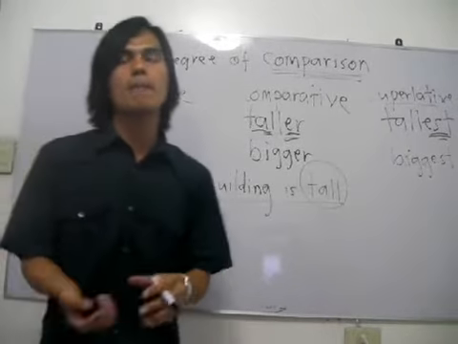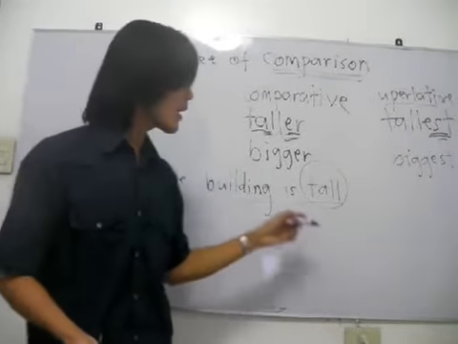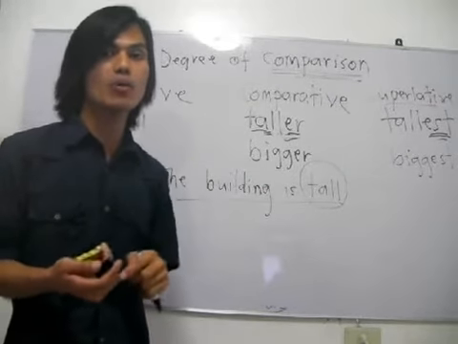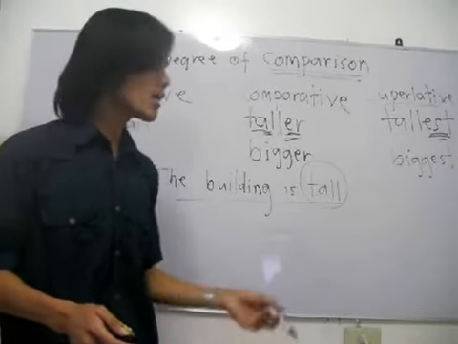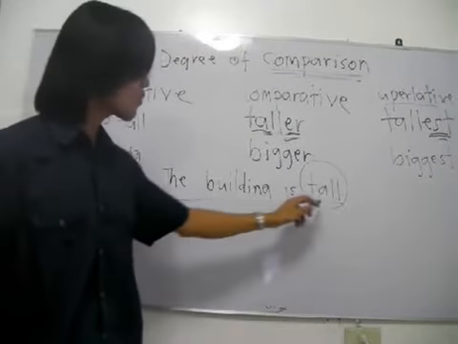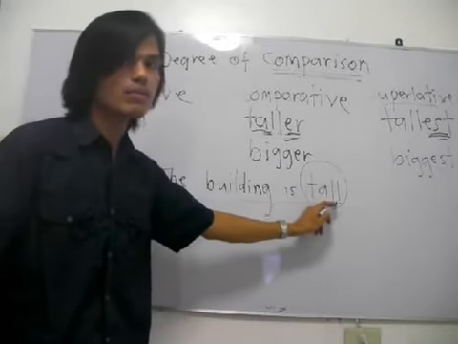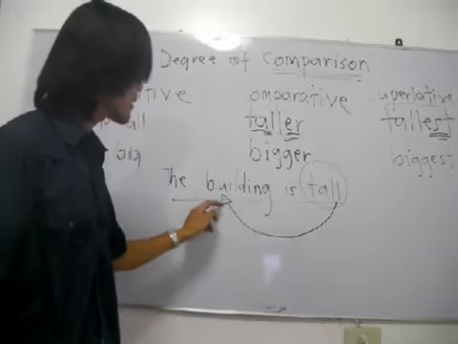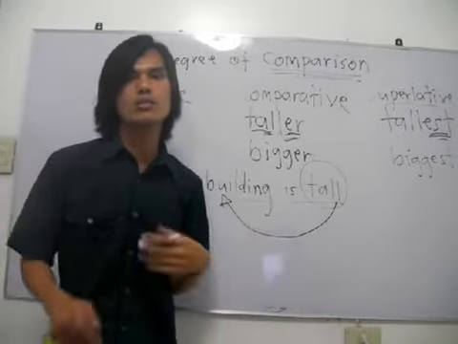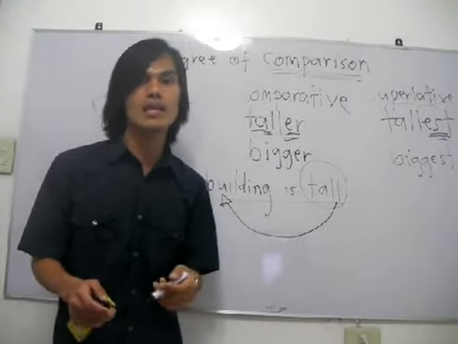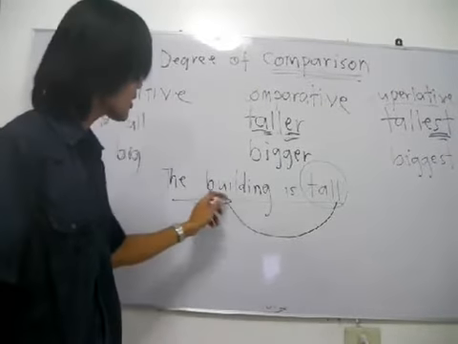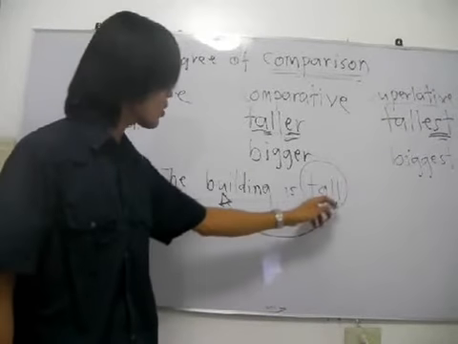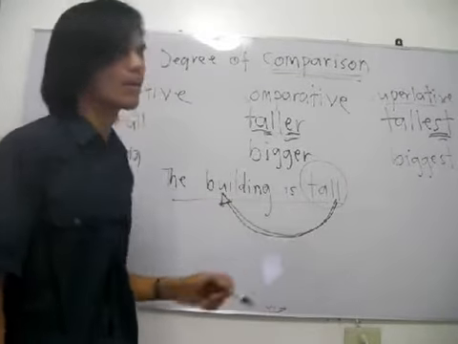Now as we understand, adjective is a describing word. It modifies a noun or a pronoun. Now in this sentence, the word tall is a positive degree, talking about the noun building. See, we are not comparing anything here. We are just simply talking about the building. So, what is tall? It's the building.